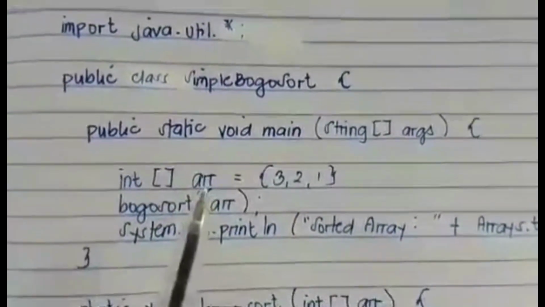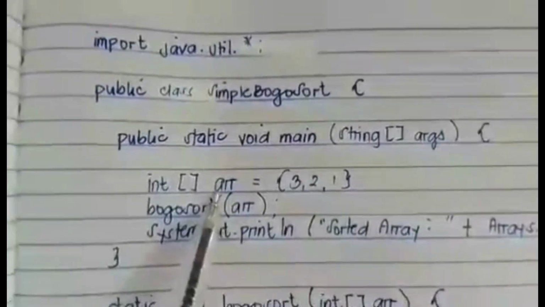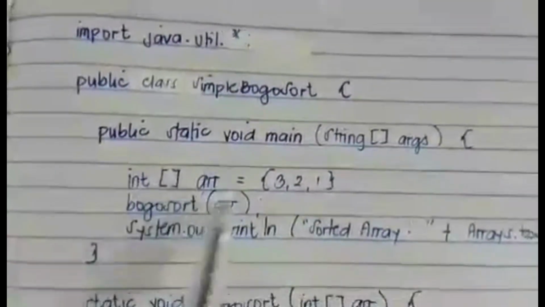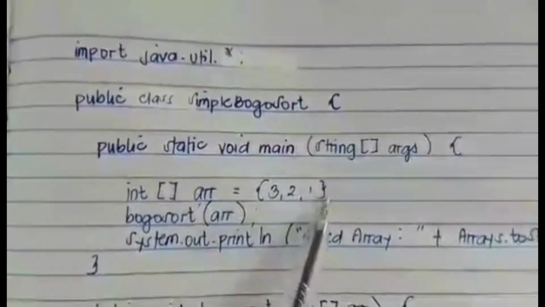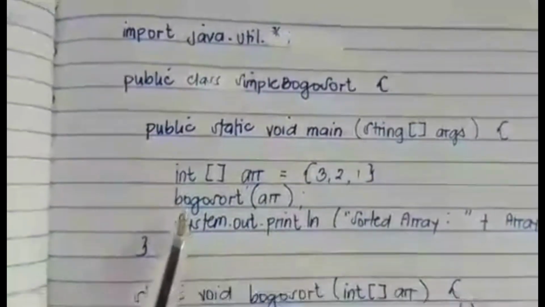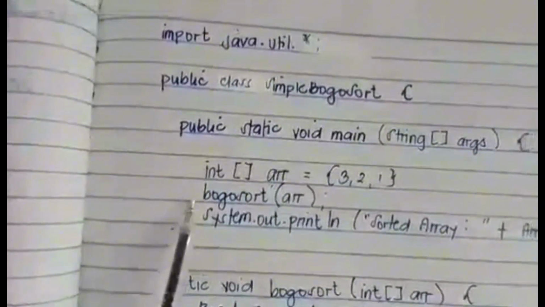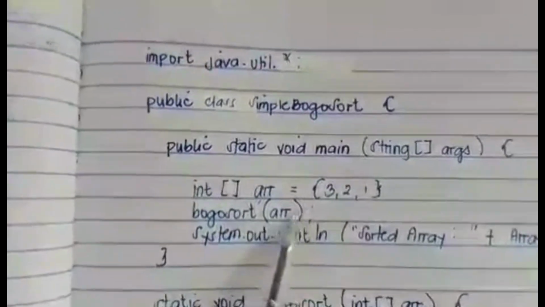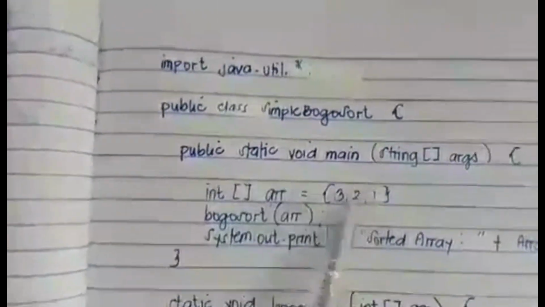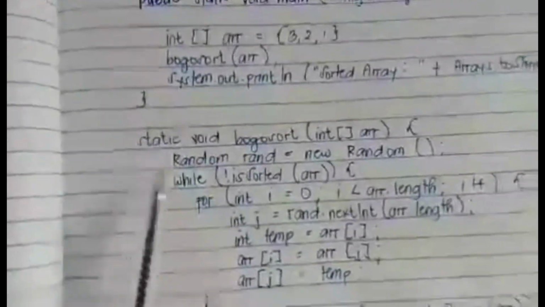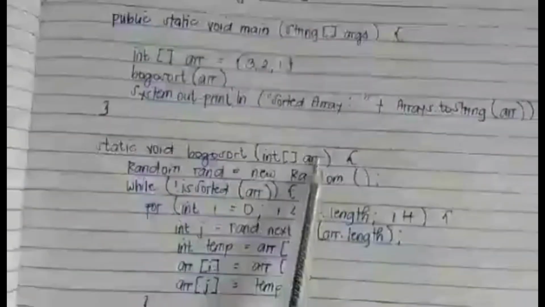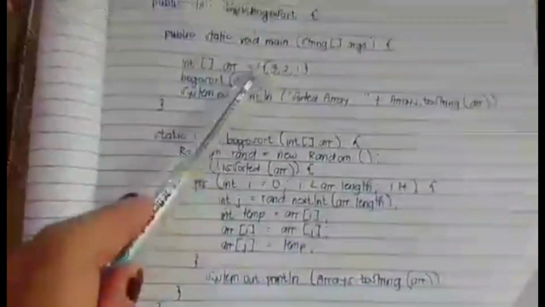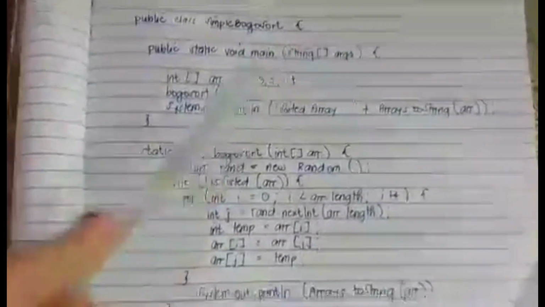Then nagdeclare ta og variable r, short for array, with a value of 3 2 1. Then bogoSort(r), kani siya method ni siya to sort the array. Then mo-proceed ta nga ri static void bogoSort(int[] r), nganhi mo ni siya ang process sa pag-sort later on sa code, sa kaning array nga given value.